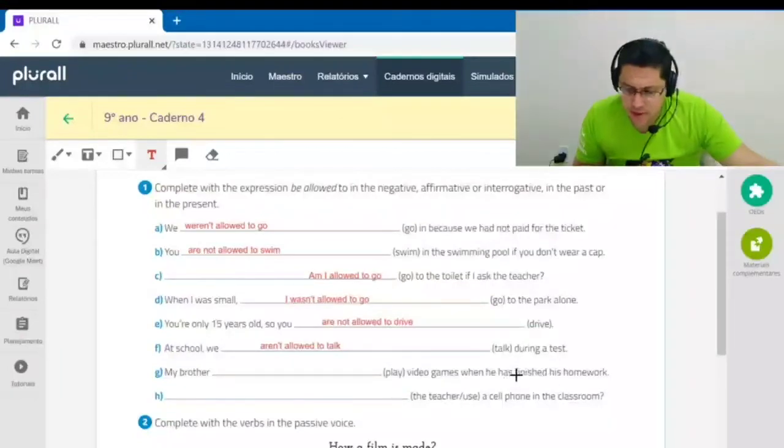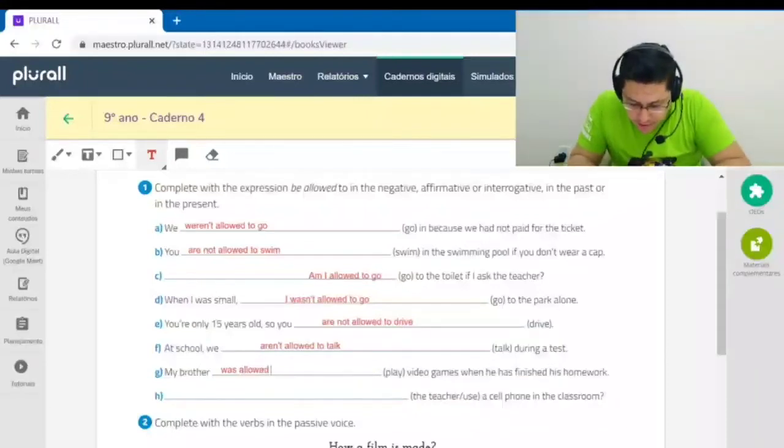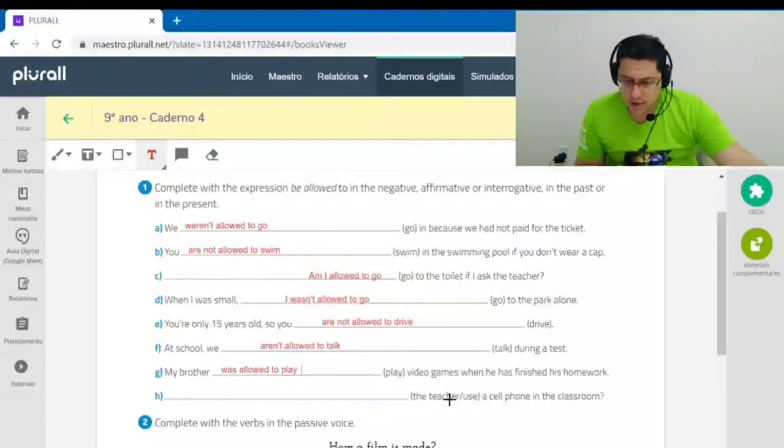Has finished é passado, tá? É o present perfect, mas que representa uma ação no passado. Então, my brother was allowed to play video games when he has finished his homework.